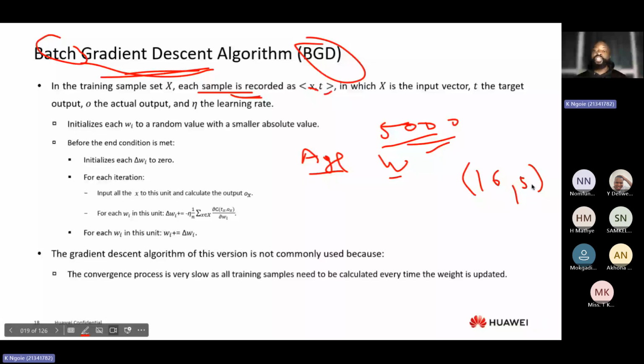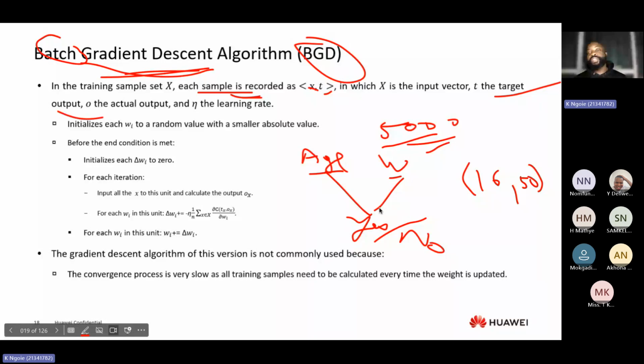So this is an input vector that we have. And then for the output, we just want to know if the person is healthy, yes or no. So the output target will be represented by T, and the input vector will be represented by X. So each sample will be recorded with this information.